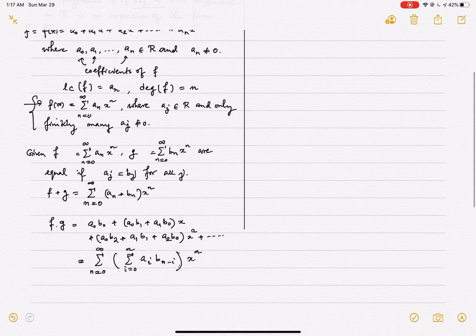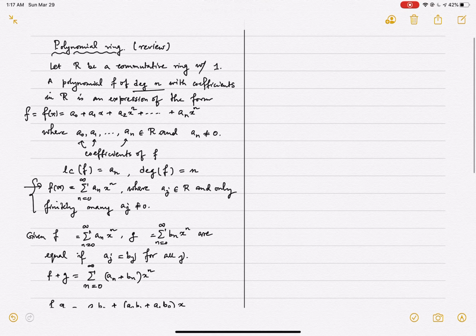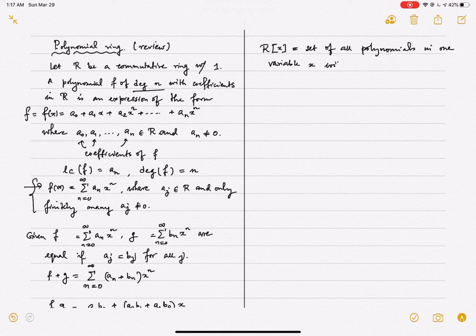It's called R[x]. R[x] is the set of all polynomials in one variable x with coefficients in R. And this is a commutative ring with 1.